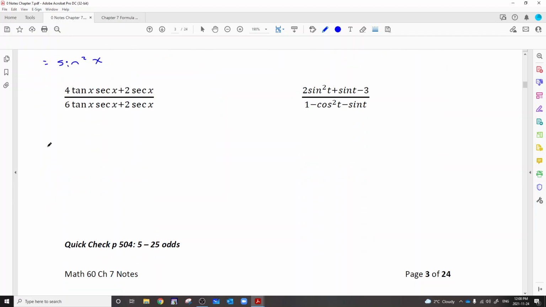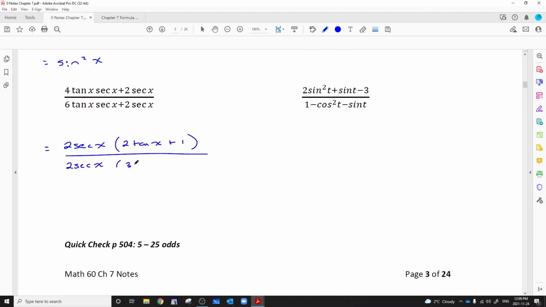Looking at this one, I noticed that in the top I could greatest common factor out a 2 secant x. I'd be left with 2 tan x plus 1. And if you want to do that work on the side because you're having a hard time seeing what you'd be left with, take this expression, write it down, divide by 2 secant x, and go from there. On the bottom, I can also take out a 2 secant x.